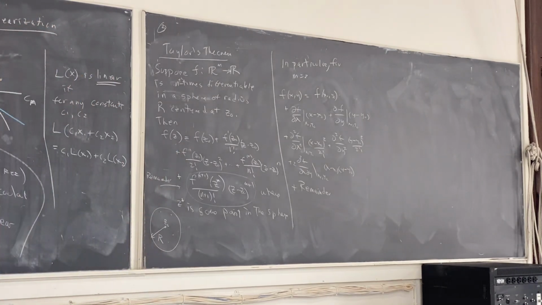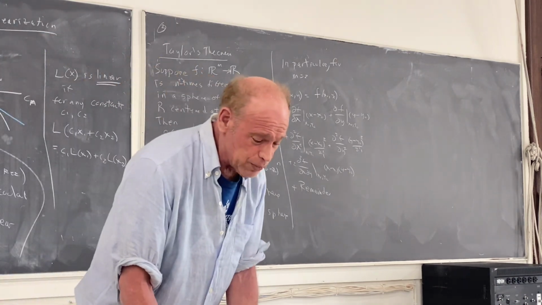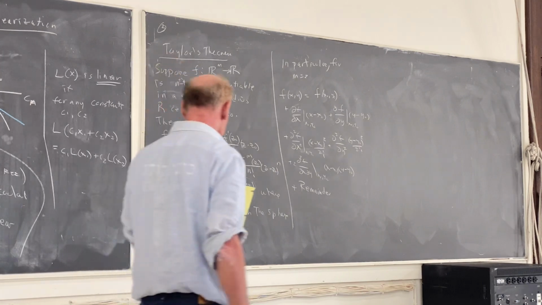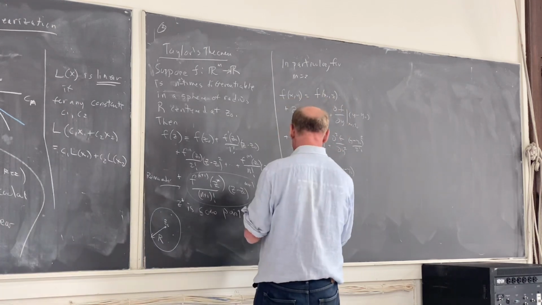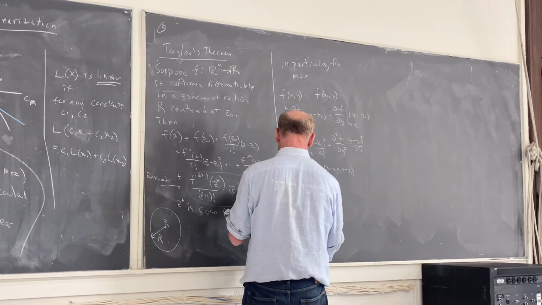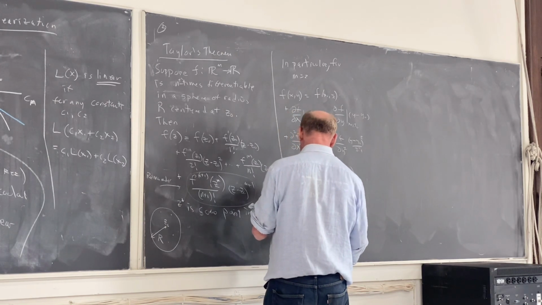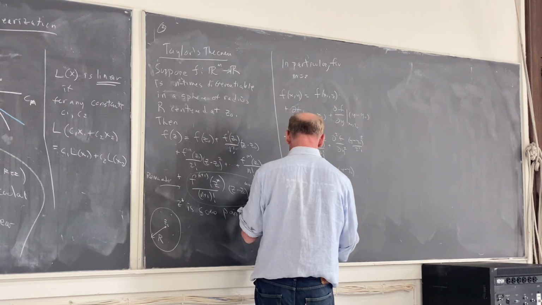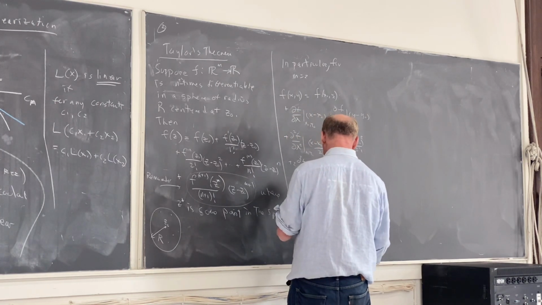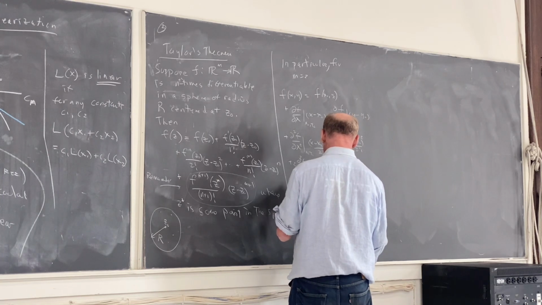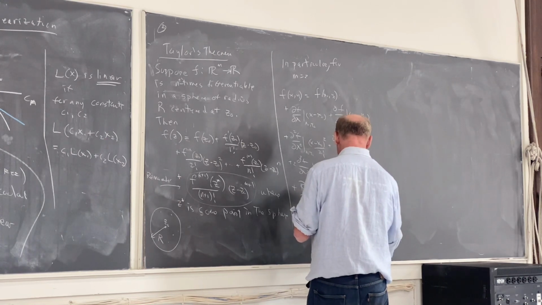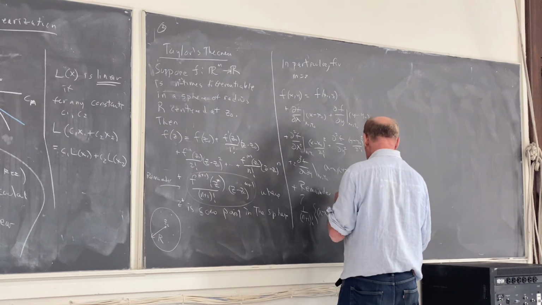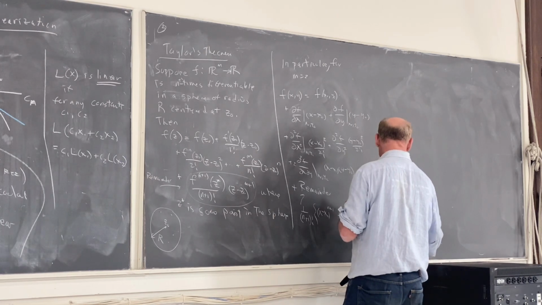And I'm going to relate it to this picture in a second. For anyone who's particularly curious, the remainder term is 1 over (n plus 1) factorial times (x minus x0)^(n+1) times f with n plus 1 x's at x0, y0, plus (y minus y0)^(n+1) times f with n plus 1 y's at x0, y0.